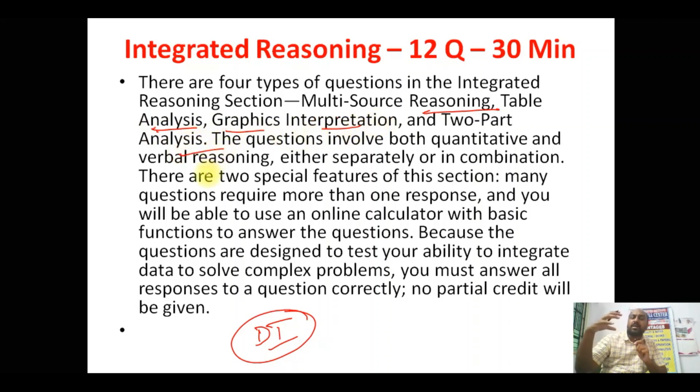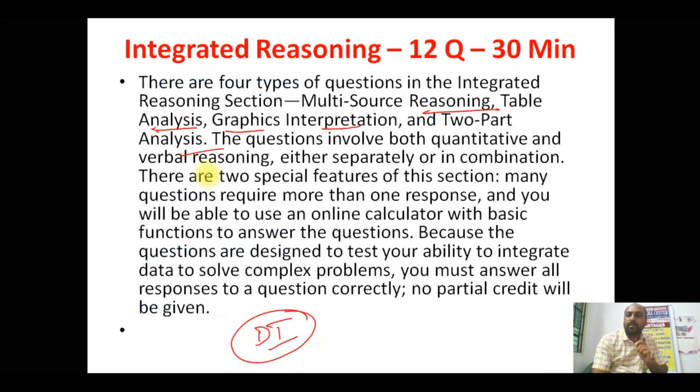They have represented the data in the form of diagrams like bar charts or line graphs and pie charts, and multiple charts they will give. You should analyze the charts and get the information, and you should solve the given questions. This is how the integrated reasoning will be.